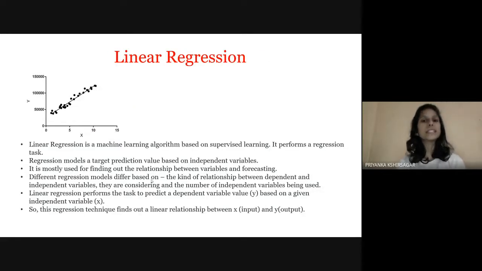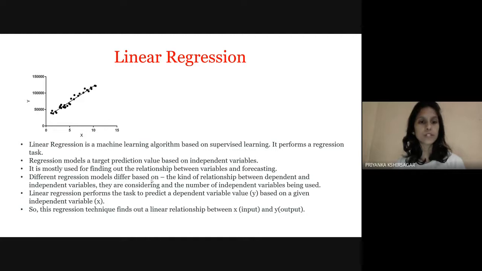Now, linear regression. What does linear regression mean? It is a machine learning algorithm based on supervised learning. It performs a regression task, which models a target prediction value based on independent variables. It is mostly used for finding out the relationship between variables and for forecasting.